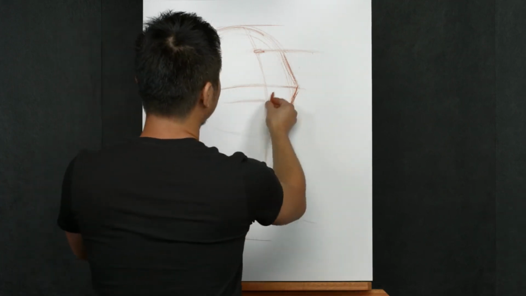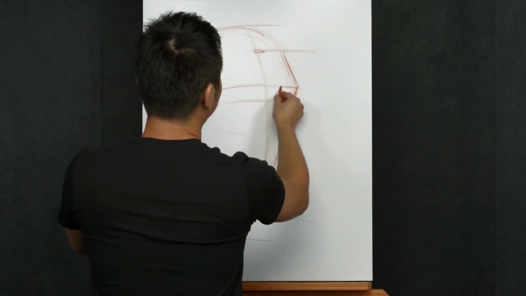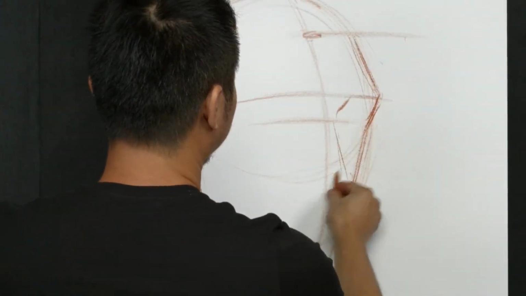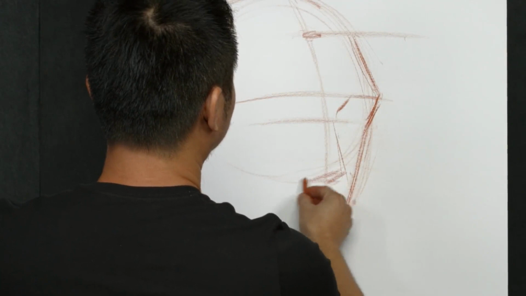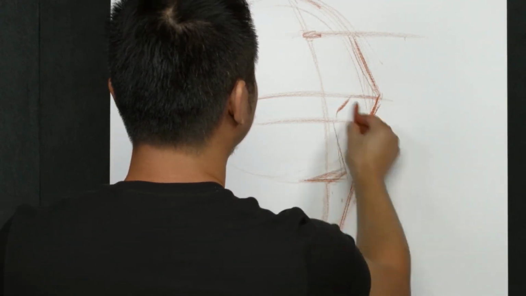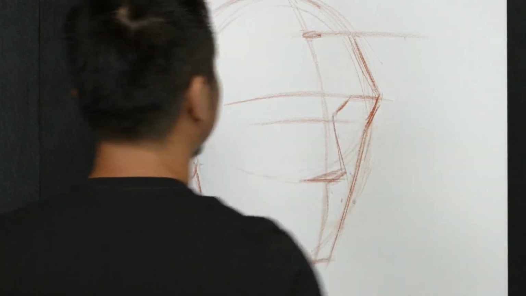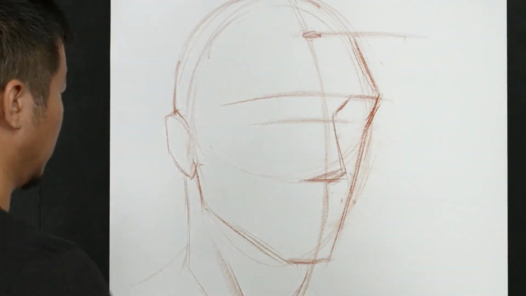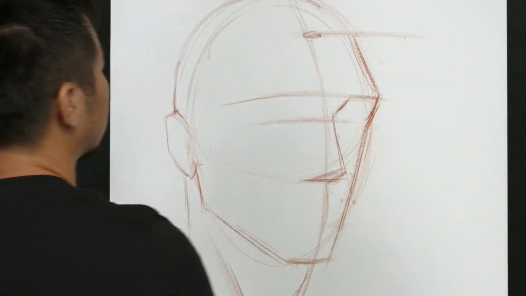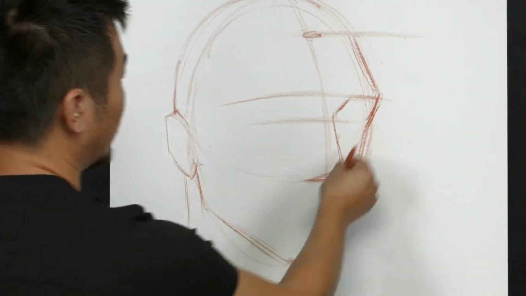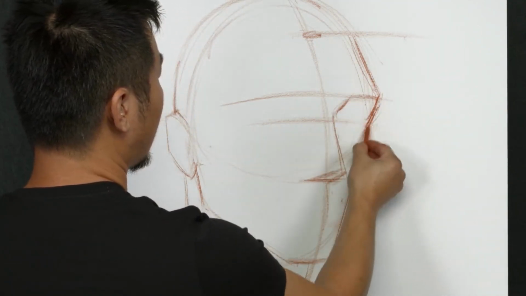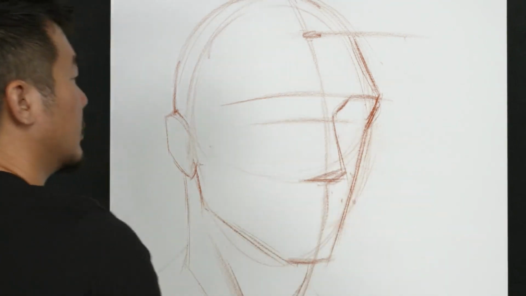Look at this distance. So you can almost relate this whole thing as one gesture: the outside eye socket to the keystone to the nose.